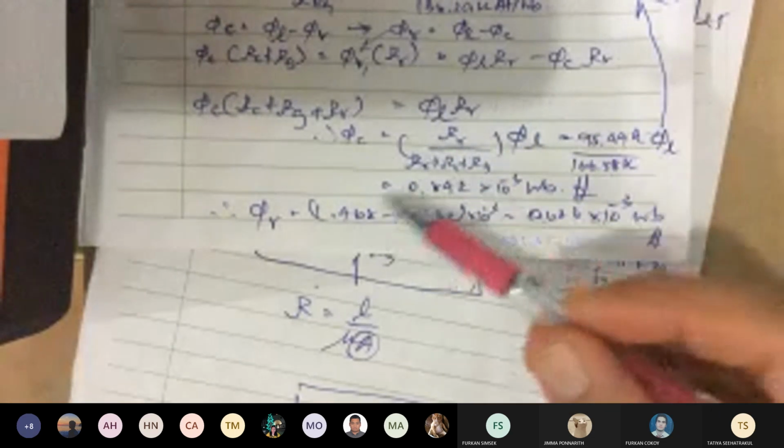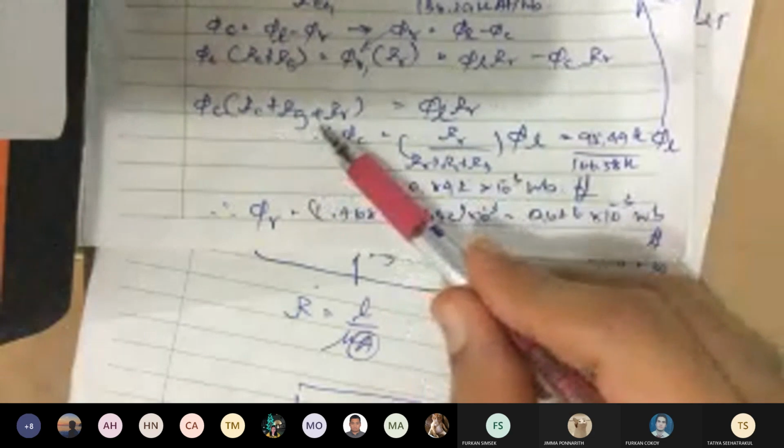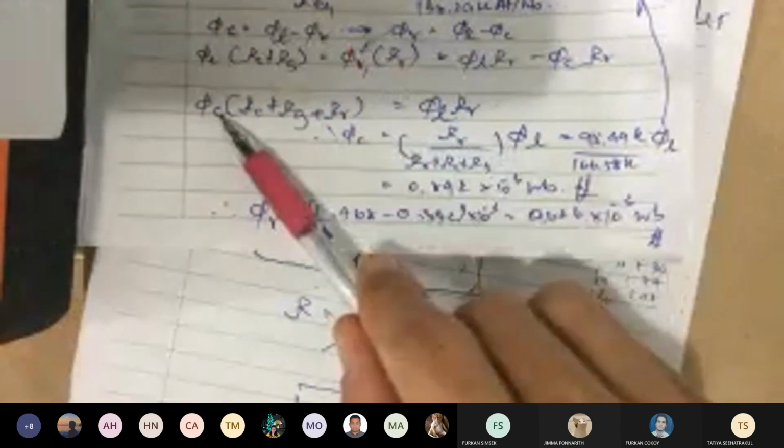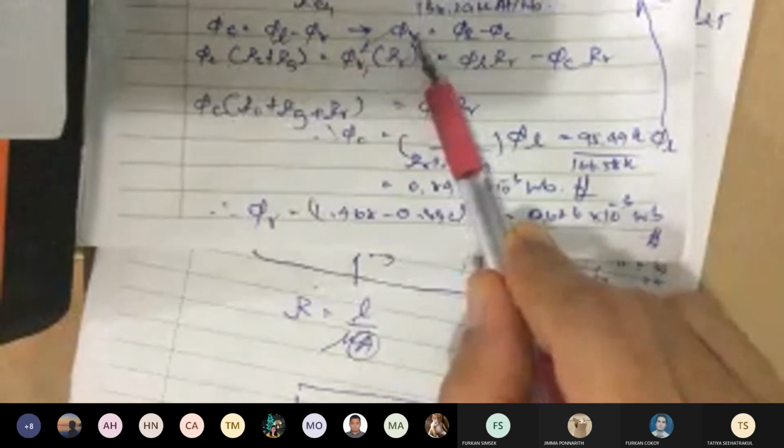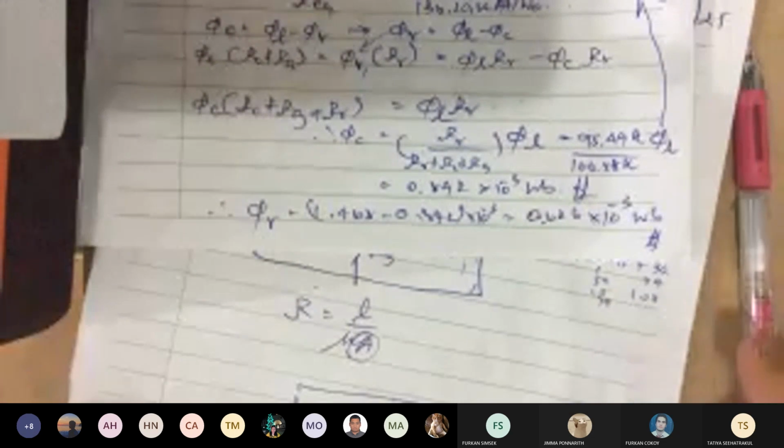Okay. Now, if I'm not sure, I can always double check, manipulating that in a reverse manner, meaning instead of finding phi C, I can find phi right. You have time? Let's do that, and then you can do that on your own.